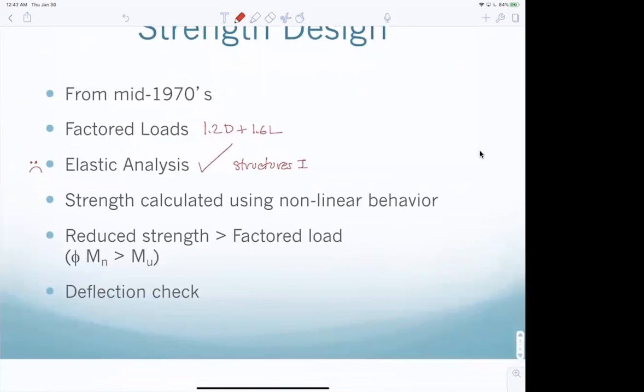But the strength is calculated using nonlinear behavior. We'll learn all about that when we get to calculating moment strength or shear strength or axial strength. And then the safety equation is the reduced strength, phi Mn, is greater than the factored ultimate load, Mu. We talked about this previously. And you still need to check deflections, which we'll do in the project, by the way.